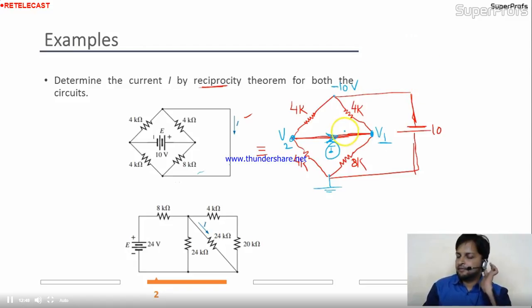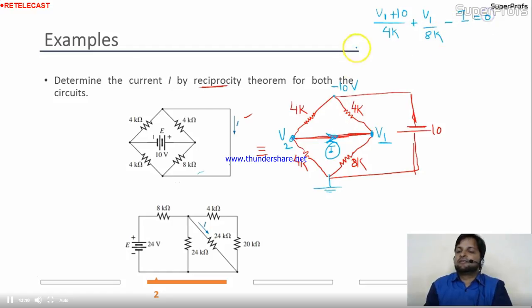So at V1, if you apply the nodal analysis, here I'm writing for you: (V1 plus 10) divided by 4K plus (V1 minus 0) divided by 8K, and this is the incoming current I, equal to 0.